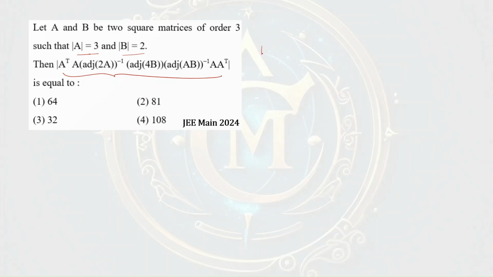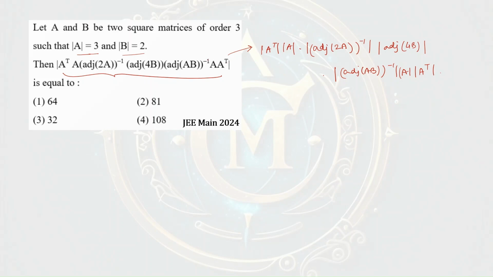So it will be equal to determinant of A transpose times determinant of A times determinant of adjoint of 2A and the inverse of this, and then determinant of adjoint of 4B times determinant of adjoint of AB and then its inverse, then determinant of A and then determinant of A transpose.